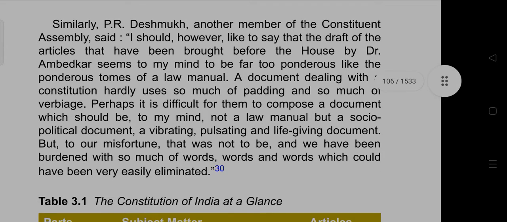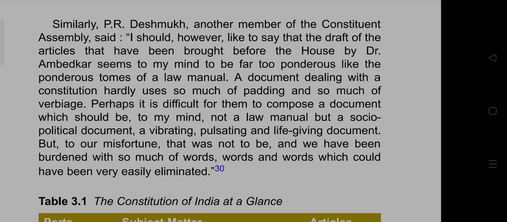Similarly, P.R. Deshmukh, another member of the Constituent Assembly, said, "I should, however, like to say that the draft of articles that have been brought before the House by Dr. B.R. Ambedkar seems to my mind to be far too ponderous, like the ponderous tomes of a law manual.